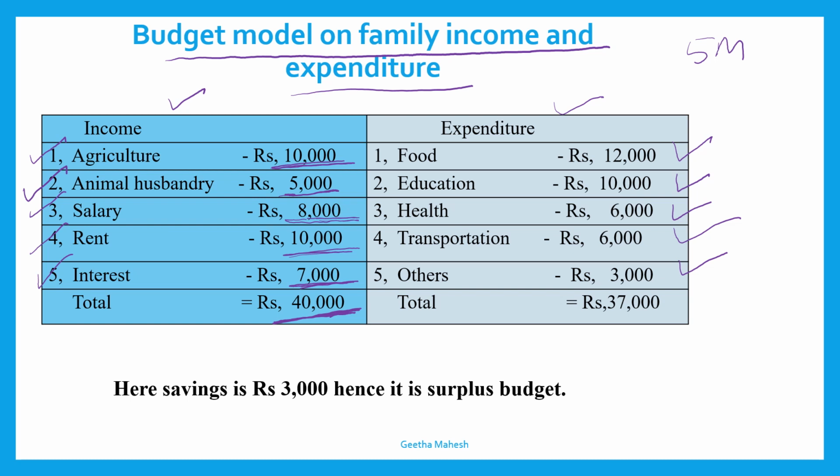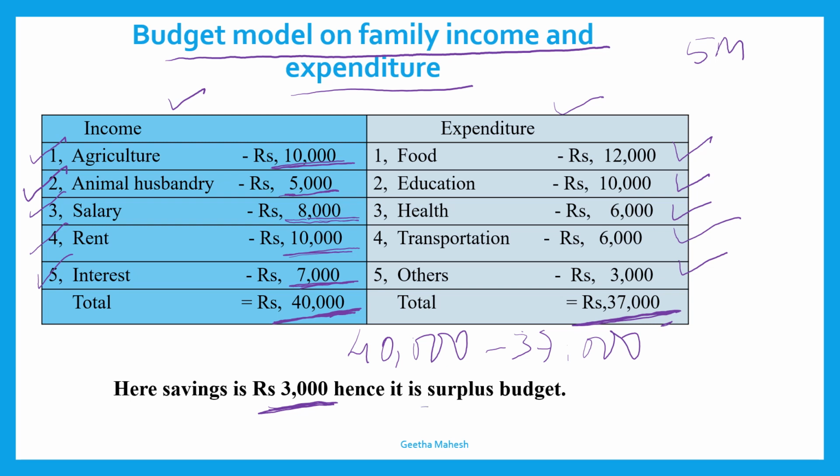When I add up all my expenditure, the total expenditure in that particular month is 37,000 rupees. So if I take a difference of 40,000 minus 37,000, I am able to make savings, that is 3,000.